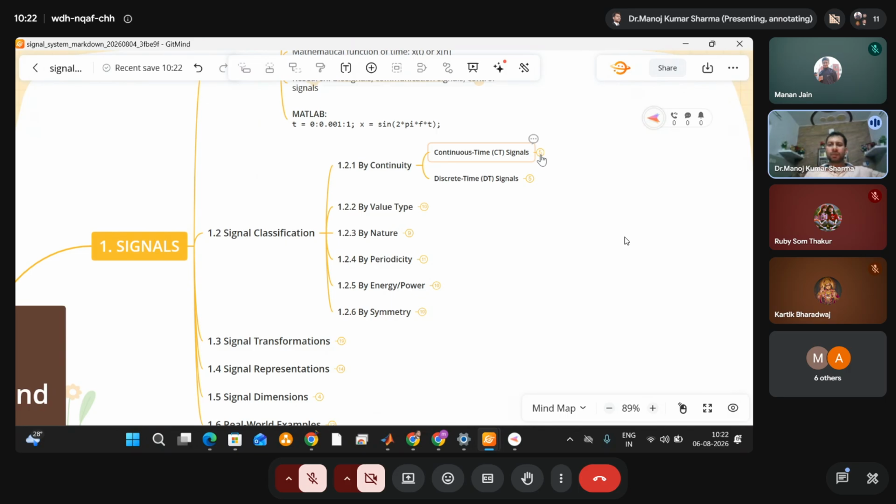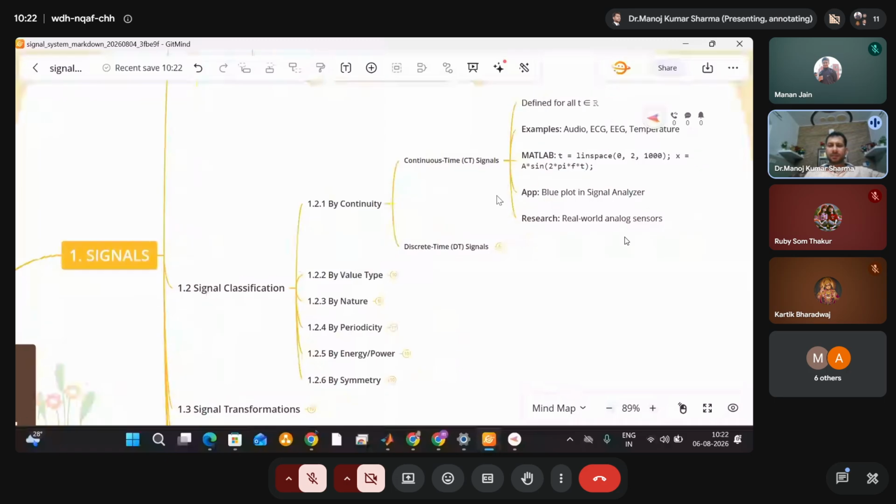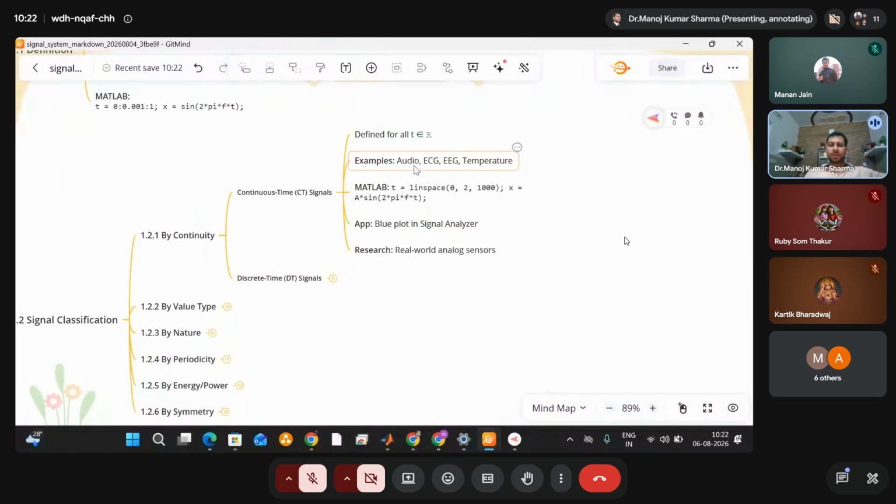For a continuous time signal, examples are audio signal, ECG signal, EEG, and if we make temperature measurements throughout the day or the year, then that period of time against the range of temperature will be a continuous time signal example.